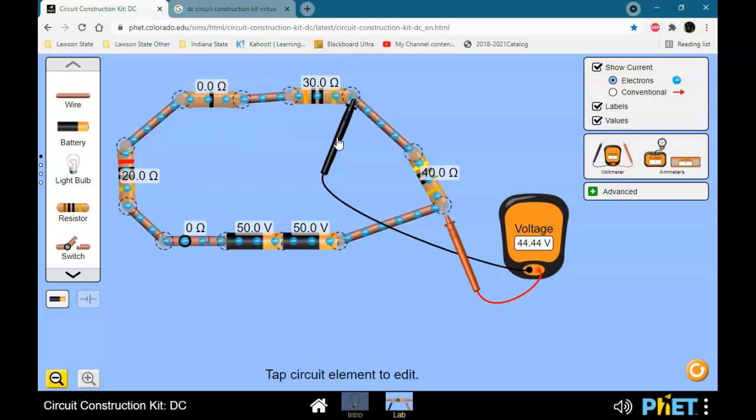All it really means to these guys is that my voltage went from 40 volts to 44.44 volts. If I look at my 30 ohm resistor, it went up as well to 33.33. So all the voltage that was taken by that 10 ohms is spread through the other resistors. Does that make sense? Because this guy no longer exists, he shorted out, he's basically not there anymore.